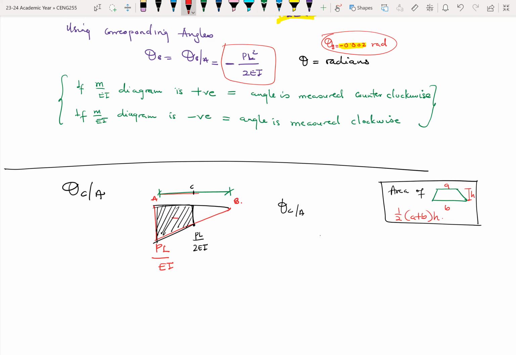I'm saying that whatever answer you find is in radians. When you put in the value of P, the value of L, the value of E, and the value of I into the equation as you've been given, that answer is already in radians. So you cannot find your answer in degrees, because whatever answer you get after the computation is already in radians.